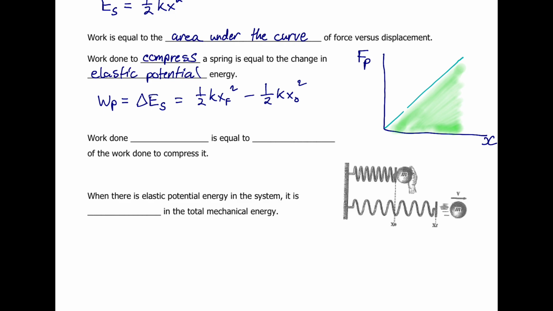I like the way to write this with all the halves and the k's in there. I can factor out the half and the k, but that usually makes the algebra more confusing. Because now I have the after energy minus the before energy is the change in energy. So that's kind of where I've written it there.